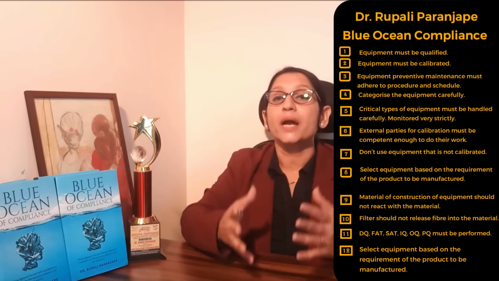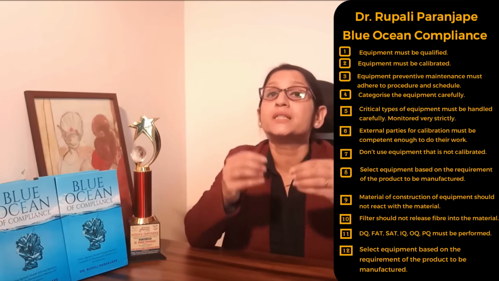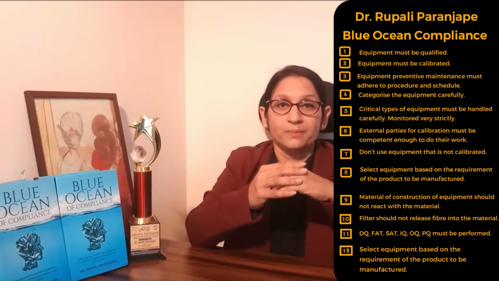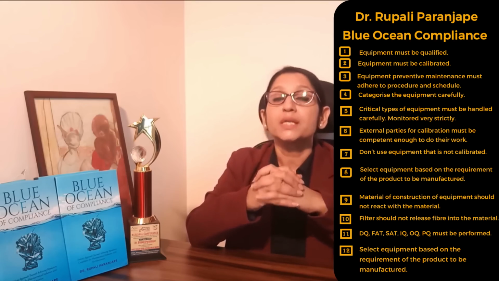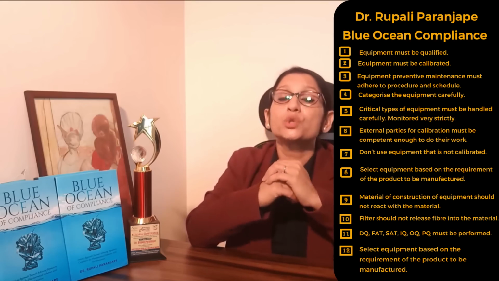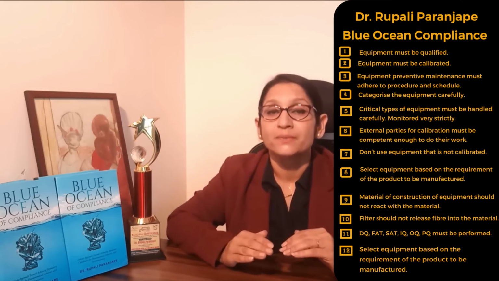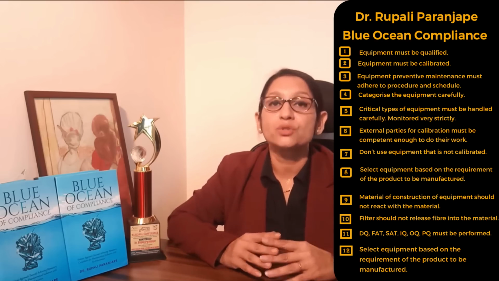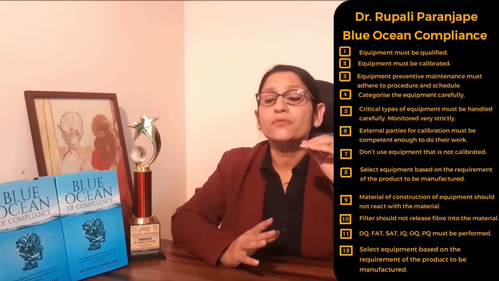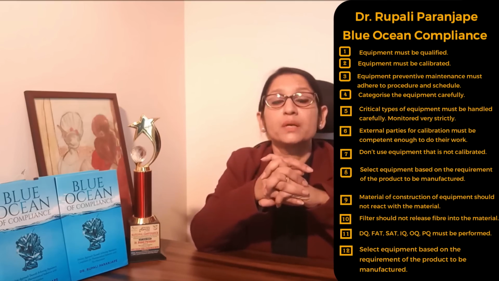Whichever kind of product you want to manufacture, based on that you will have to select the design of the equipment. The size of the equipment should also be based on the batch size which is going to be taken on that equipment, right? If the equipment size is less and you want to manufacture a batch of higher size, you will see non-compliances, like spillage of the product from the equipment.